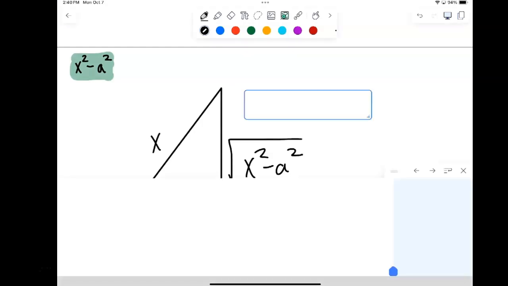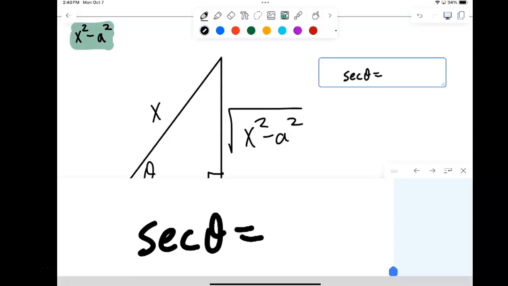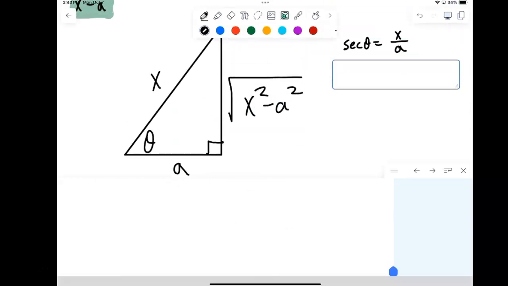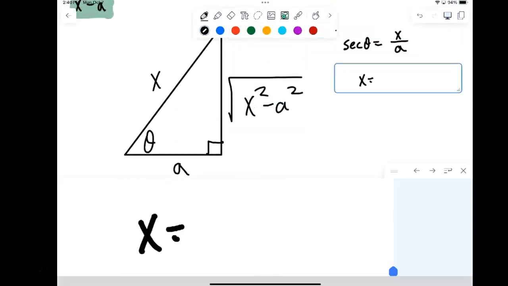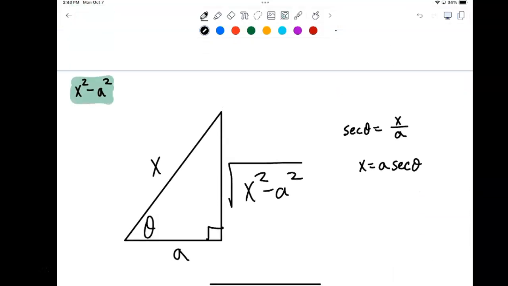So with that in mind, we use the substitution secant theta equals x over a, right? Hypotenuse over adjacent. So x is equal to a secant theta. That way we can have x replace just a simple trig function.